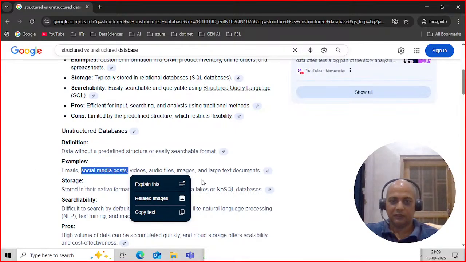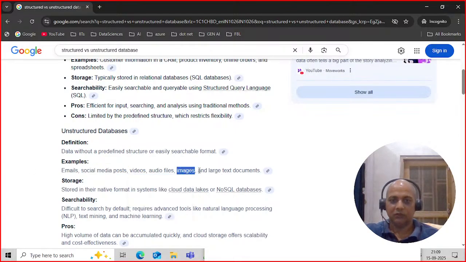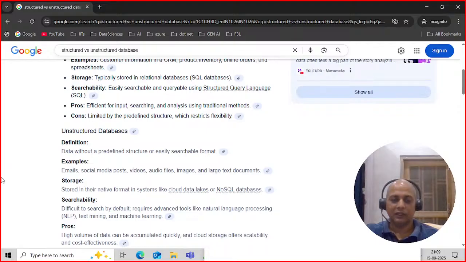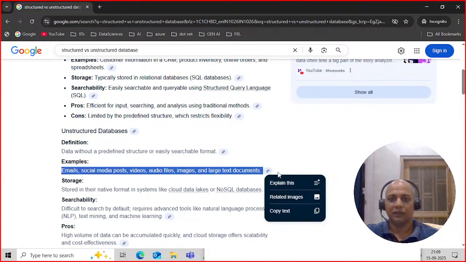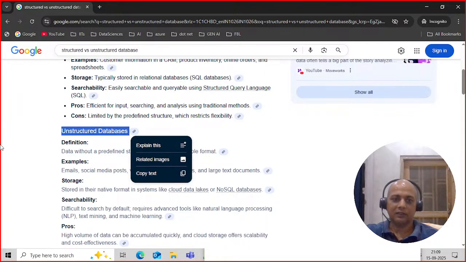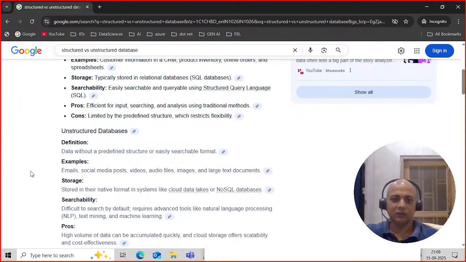And images, we don't know how the images are coming, what will be the background, what will be the color. So everything, that means we can say the structure of these things is not defined, and we are going to handle it using some database. So this will come under unstructured database, correct? So this comes under NoSQL.